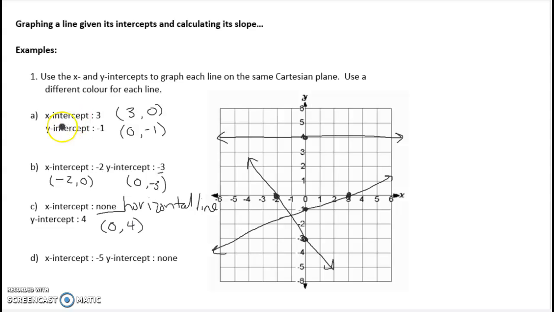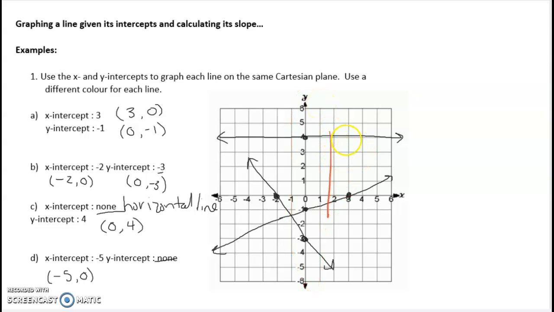And last one here, x-intercept is -5, so that means x happens at -5 and y is 0. But now it says the y-intercept is none, okay? So if that is none, that means that it never ever crosses the y-axis.